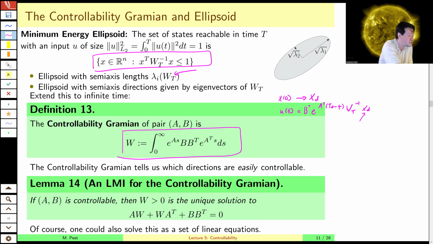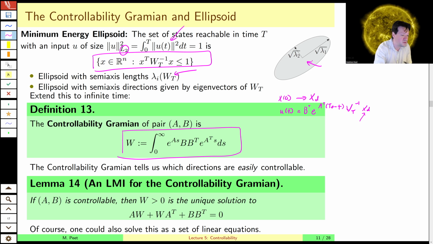And we haven't defined this norm here, but it's just a square integral of the size of the input. So with an input of energy 1, what set of states can we reach in either finite time or infinite time? Right? And that's the controllability ellipsoid. So it looks like this, right? And I'm taking this little picture here from Sanjay's lecture course.